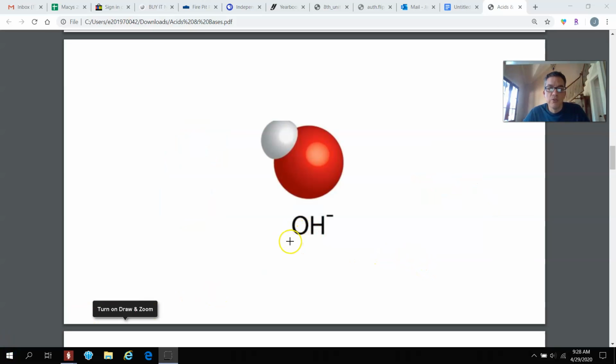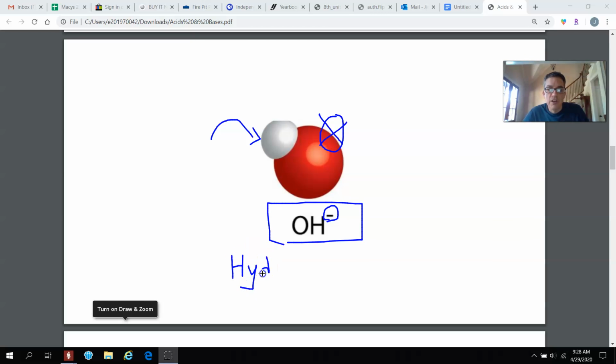The rest of the water molecule that's left is this OH with a minus charge to it. You can see this is where we've got a missing hydrogen atom. But remember, the hydrogen lost its electron, and now it's hanging out over here, so that's why we've got an extra negative charge. This OH is referred to as a hydroxide ion.